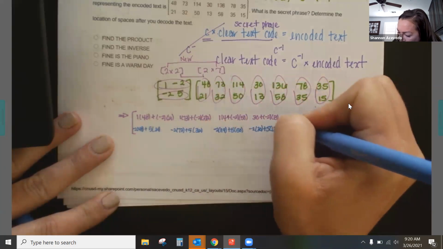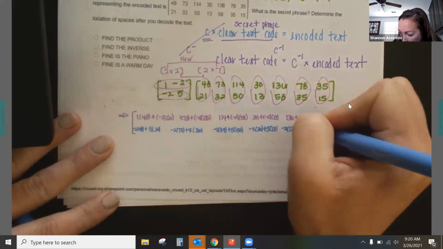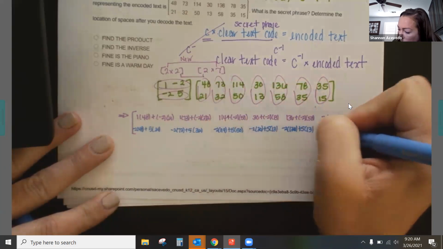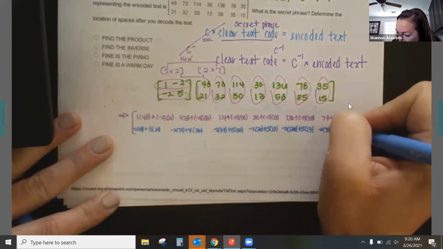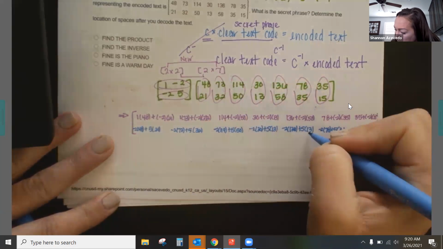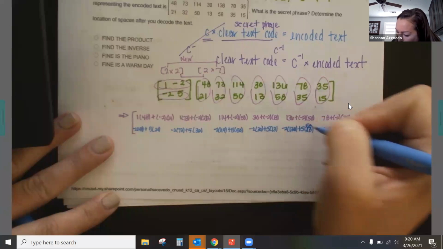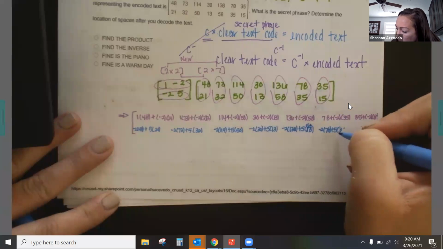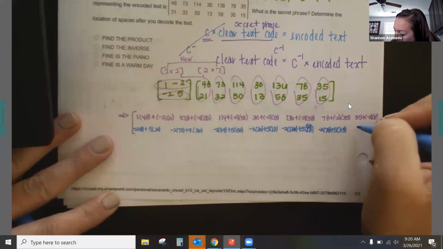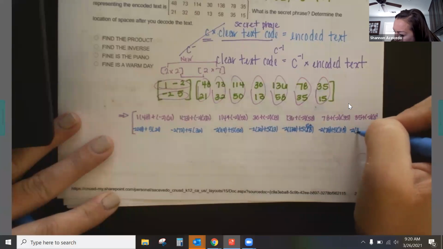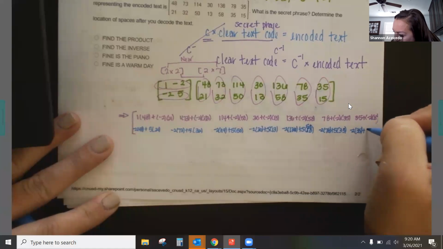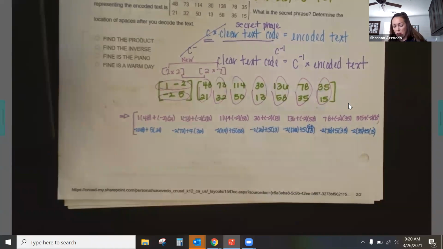This is going to be negative 2 times my 136 plus 5 times my 58. Oh, I said 5 times 13 there, that's a 58. This is negative 2 times my 78 plus 5 times my 35. This is negative 2 times 35 plus 5 times my 15. Squeezing all that in over there.